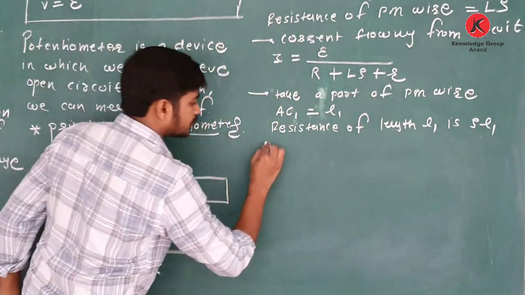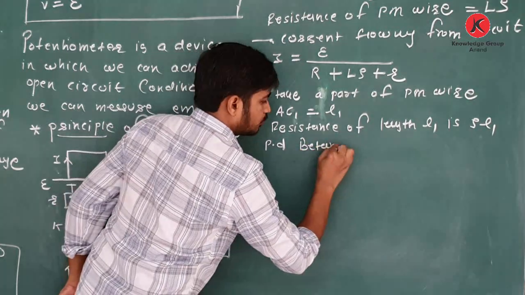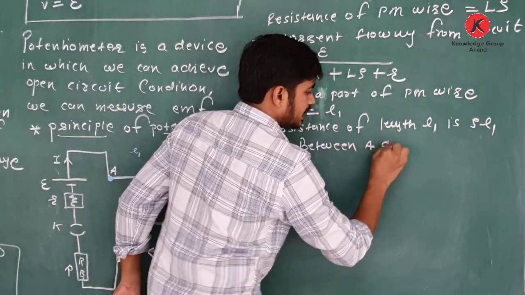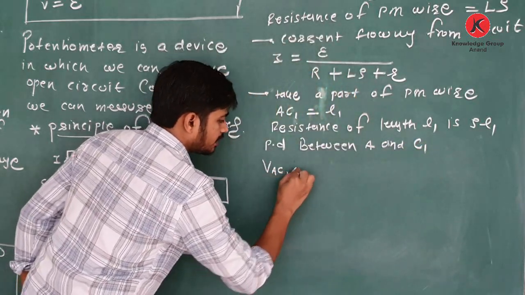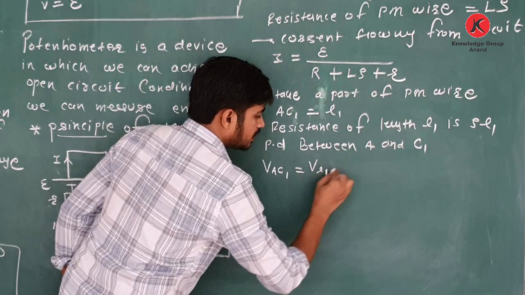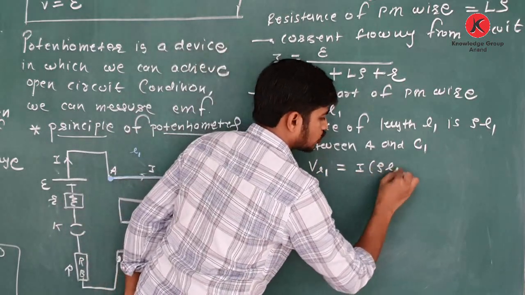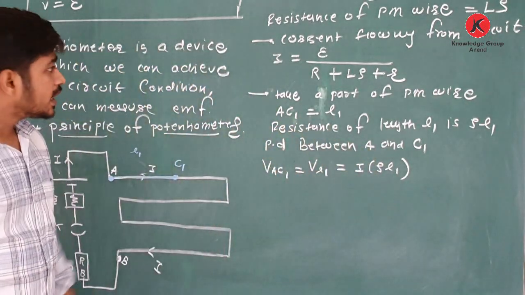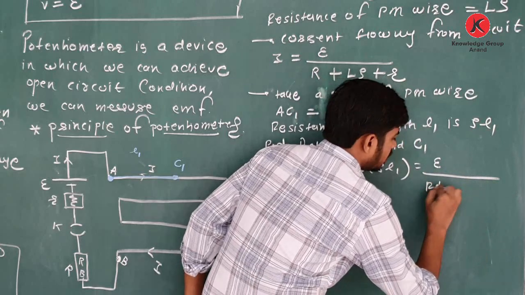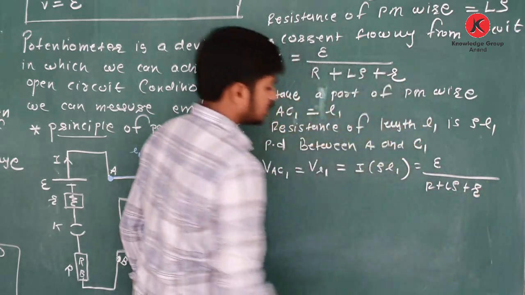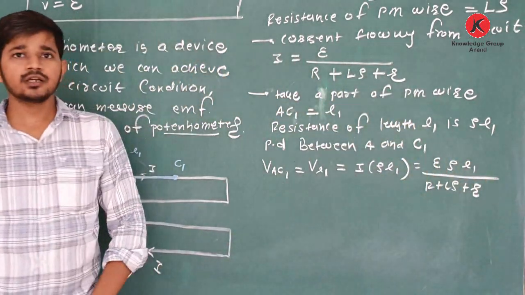And what is the potential difference between A and C1? VAC1, meaning VL1, is equal to current I times resistance rho L1. Clear about this? Now put the value of I, which is E upon R plus L rho plus r, and here it is rho L1.